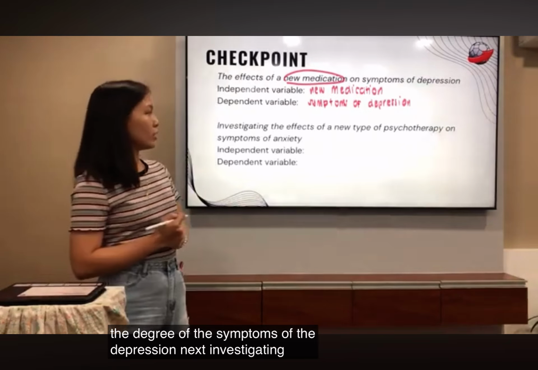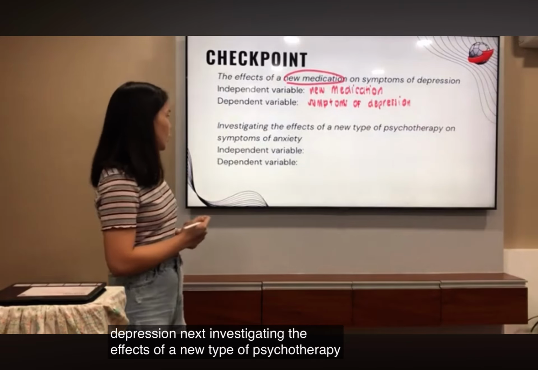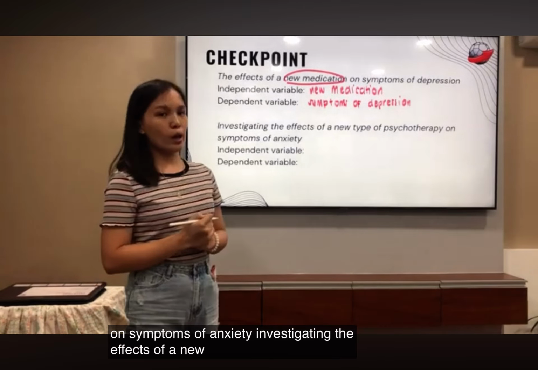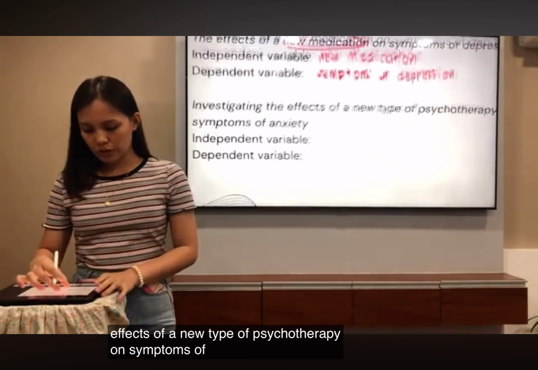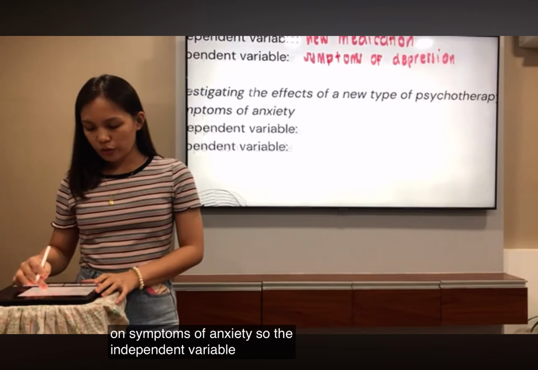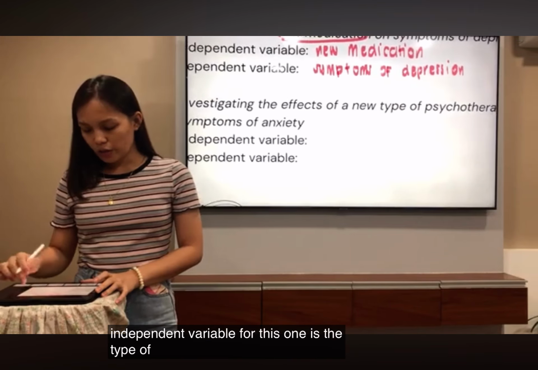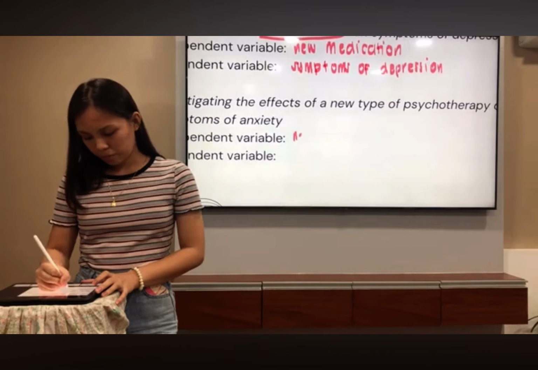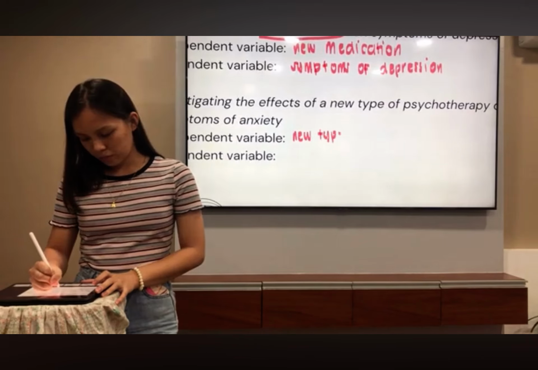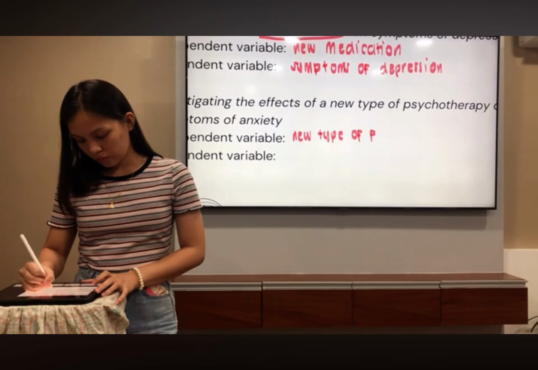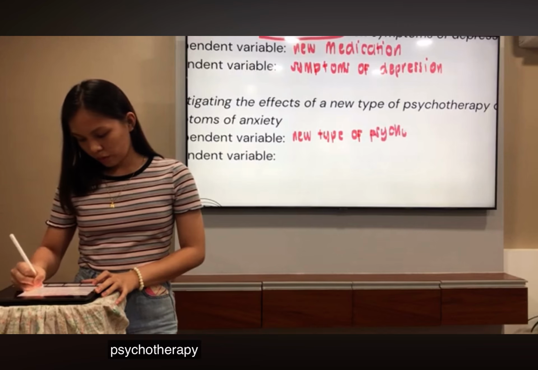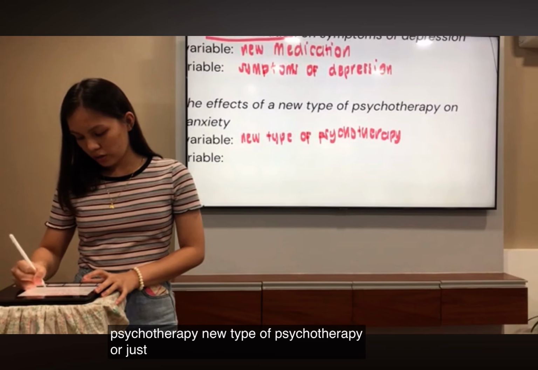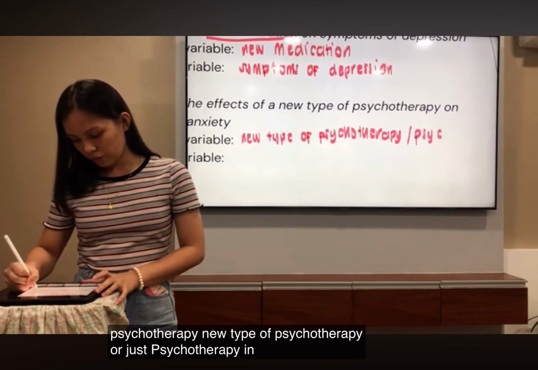Next, investigating the effects of a new type of psychotherapy on symptoms of anxiety. The independent variable for this one is the new type of psychotherapy, or just psychotherapy in general.